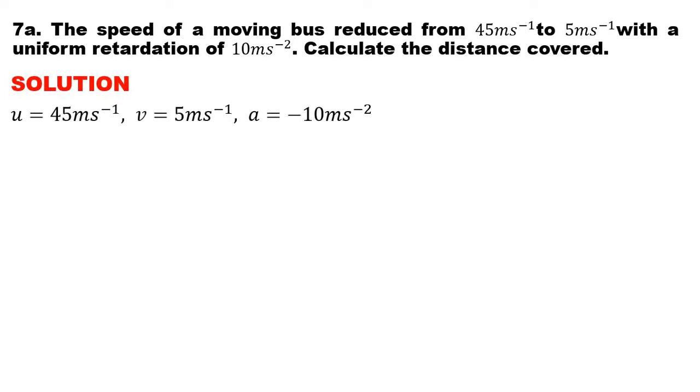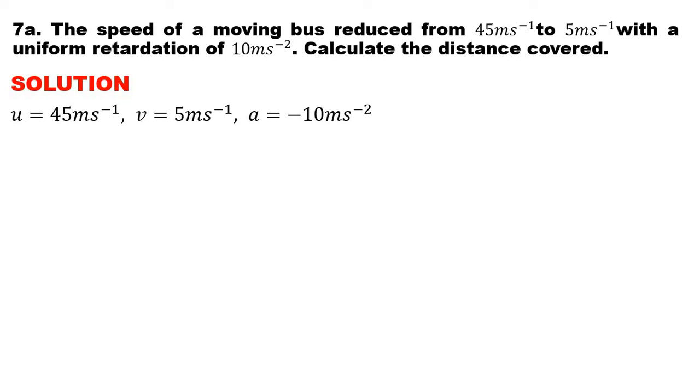Here are the given parameters. I have the initial velocity to be 45 meters per second, and the final velocity to be 5 meters per second. Then I have retardation, which is a negative of acceleration, and that is minus 10 meters per second square.